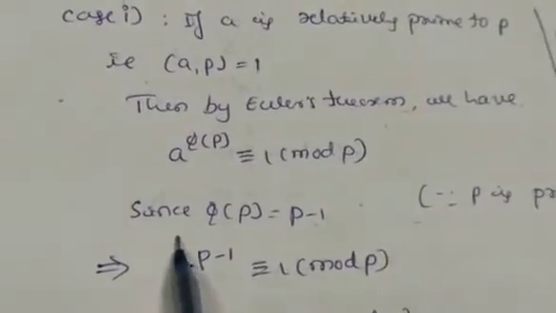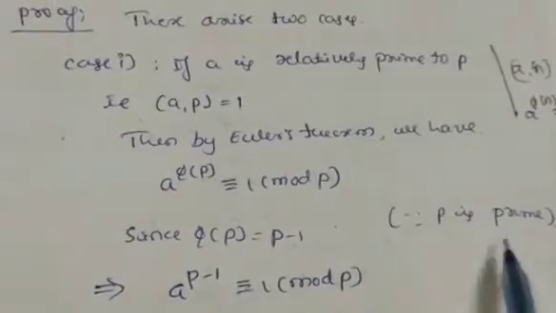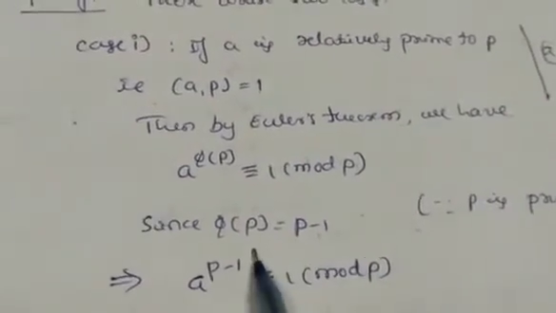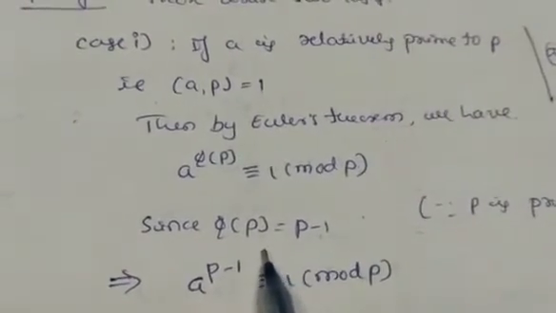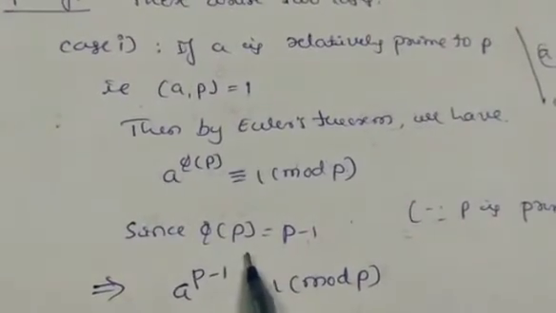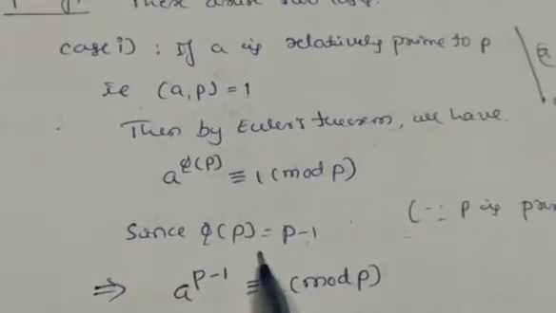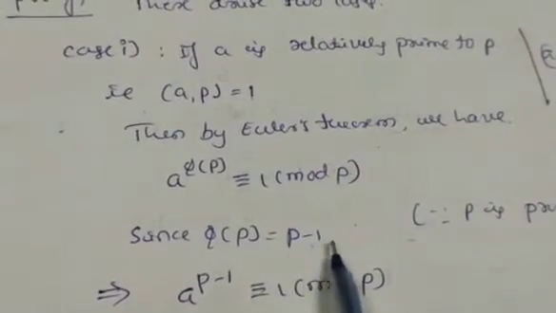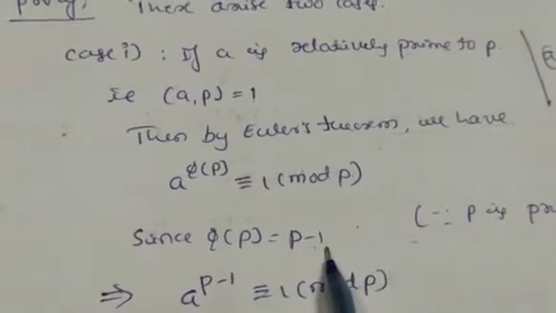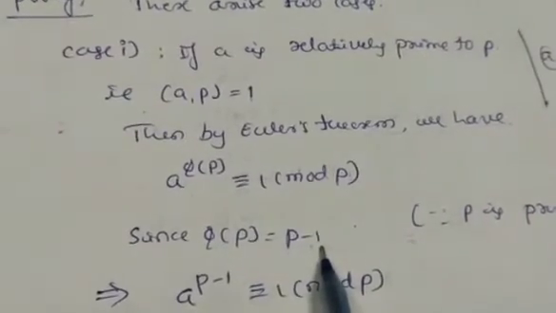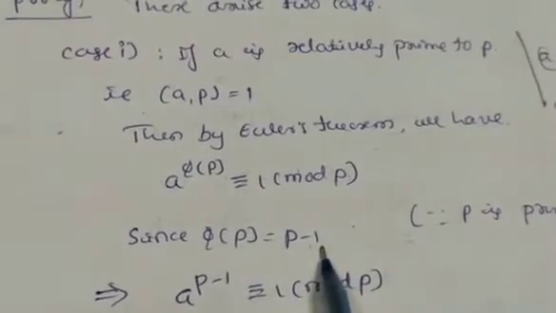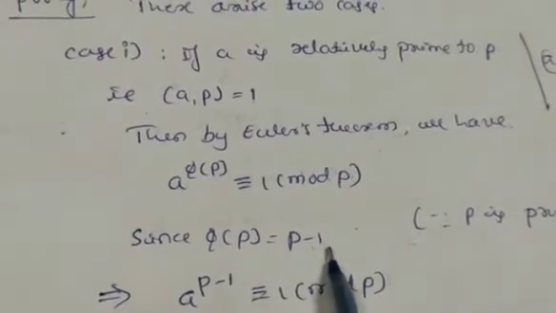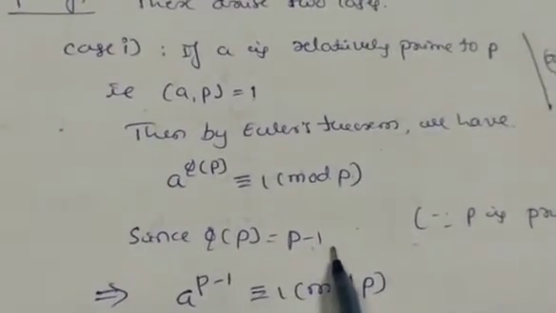Since phi of p is equal to p minus 1, because p is prime, we have phi of p. The definition of phi of p is the number of positive integers less than or equal to p and relatively prime to p.